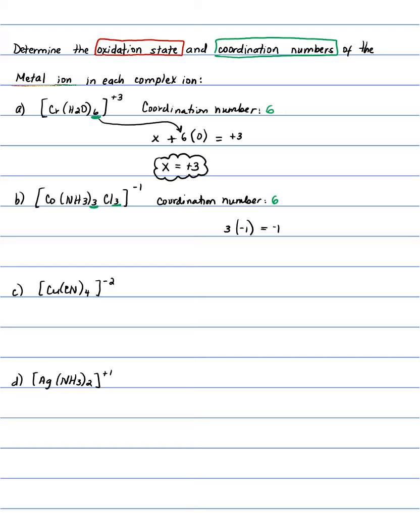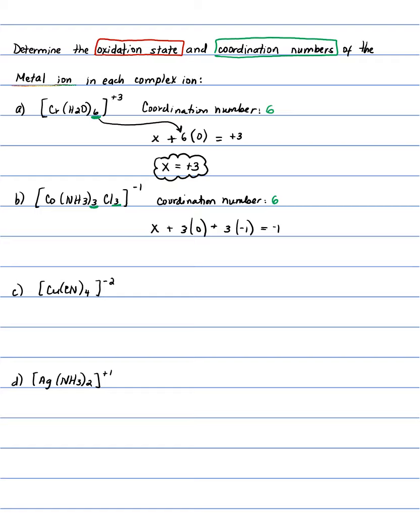And I'm adding to that 3 NH3, it's a neutral ligand with no charge, similar to water, so I have 3 times 0. And then we're missing the cobalt, which is what we're trying to find out, so I'm going to put X for cobalt.